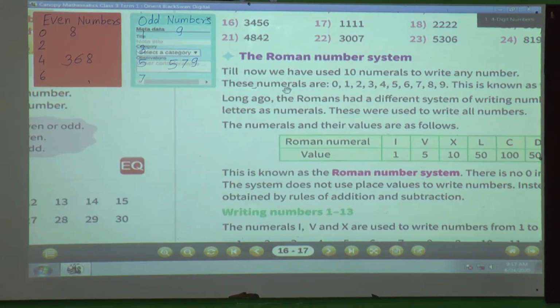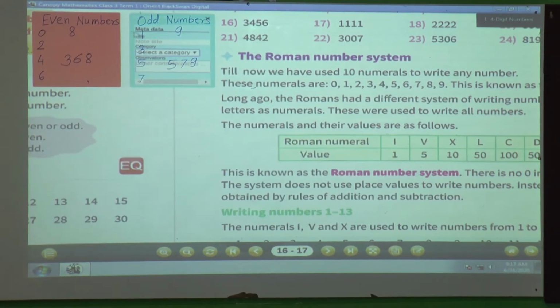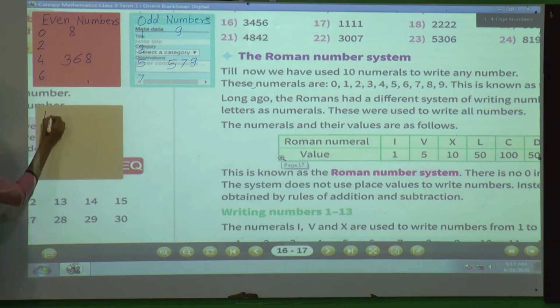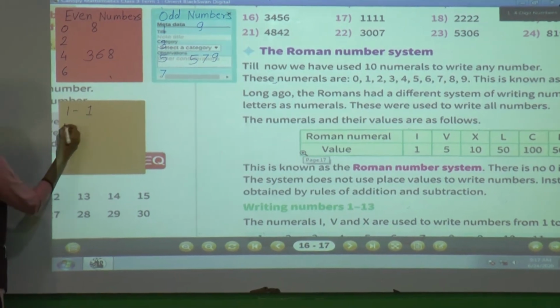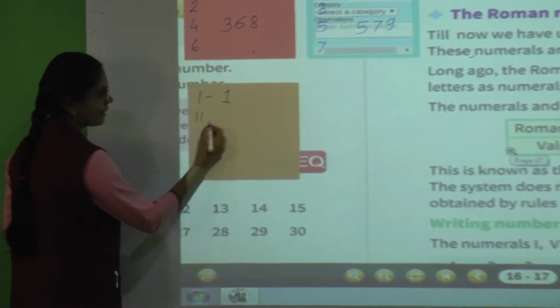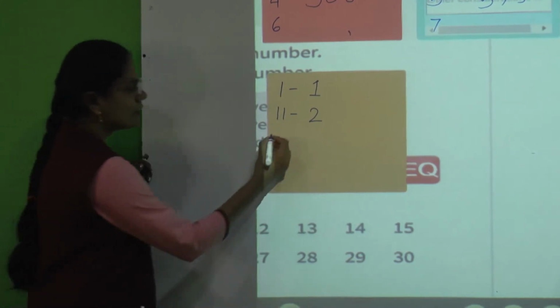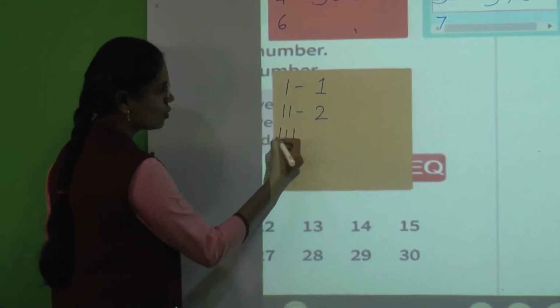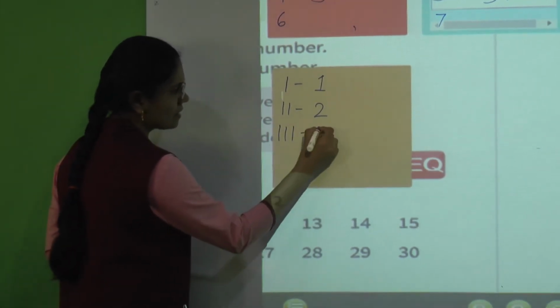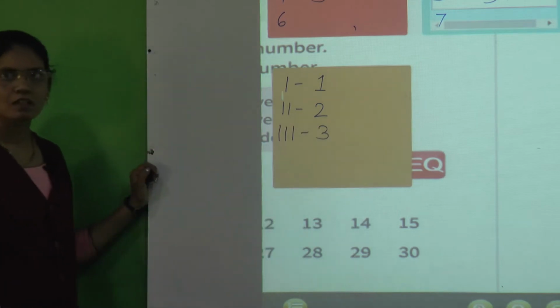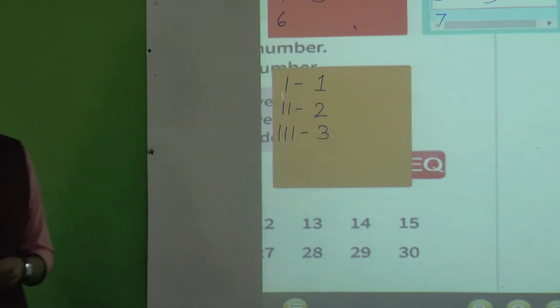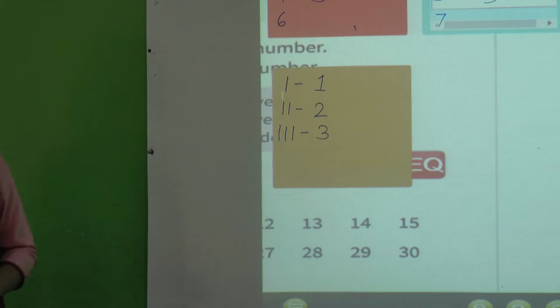If you want to write first, this is I. If you want to write second, we have to write double I. Now you are in third standard, so you will write like this, which means 3. So these Roman numbers we are going to see now.